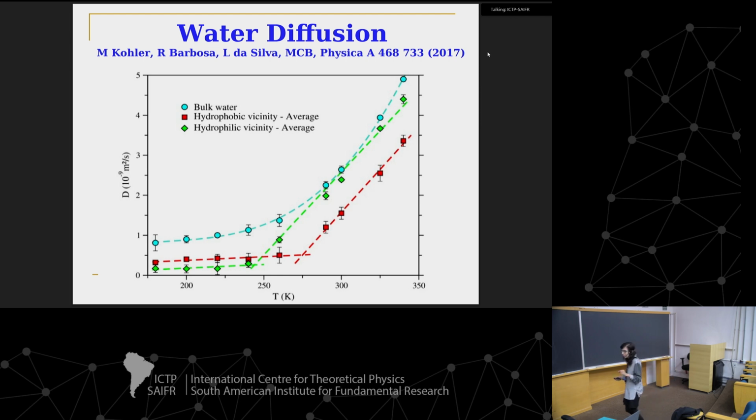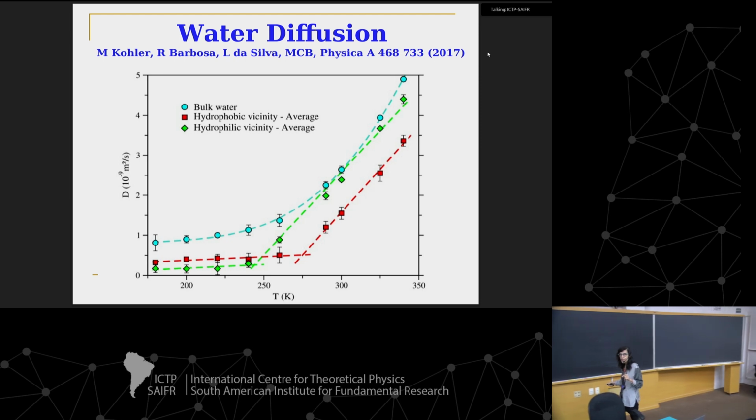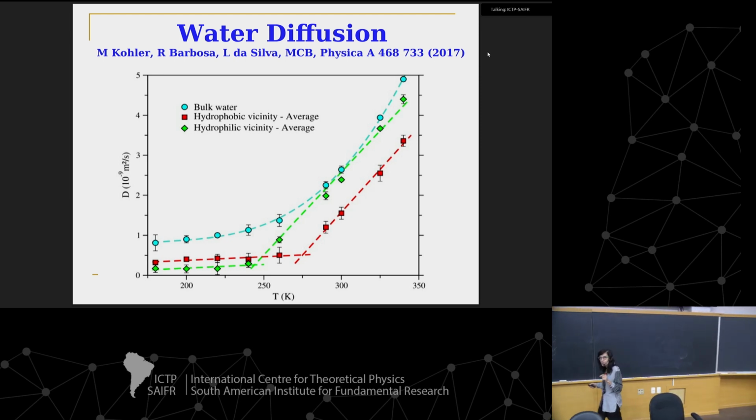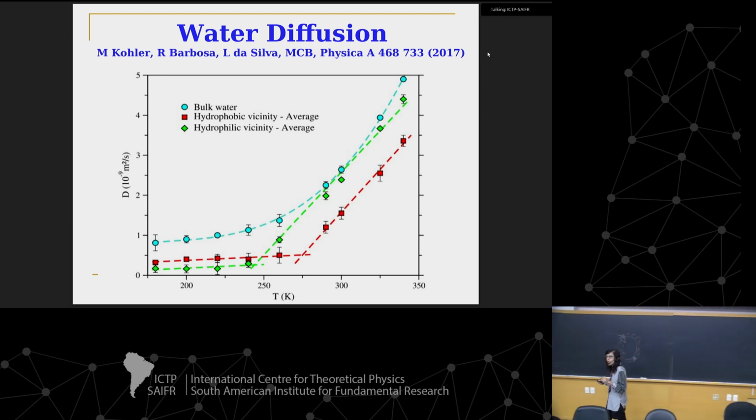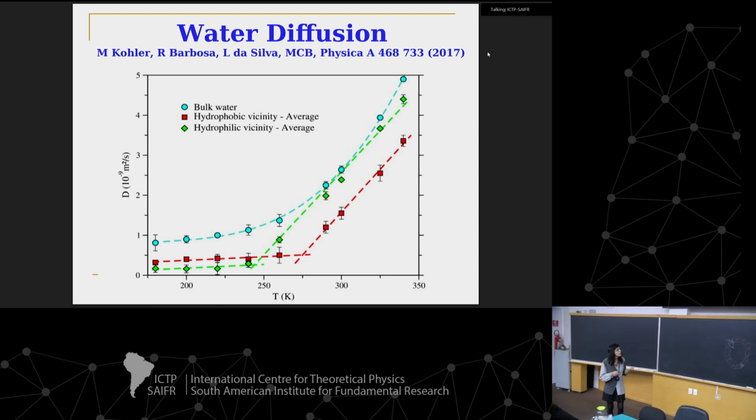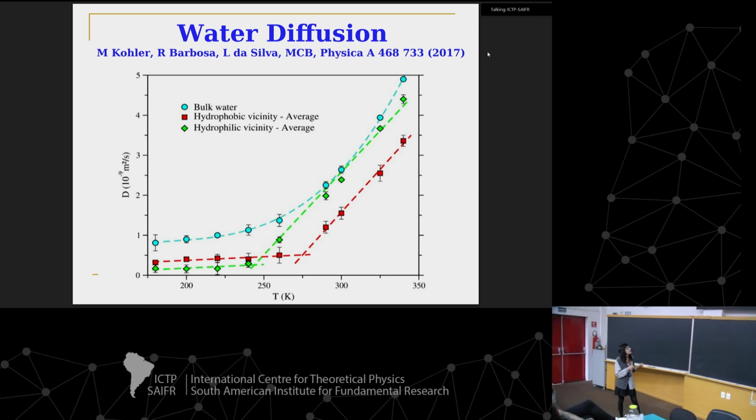You might remember when Paula mentioned that we are close to a glass transition, you find a fragile to strong transition, in which when you plot something like the diffusion against temperature or inverse of temperature, you get a kind of kink. Remember that?